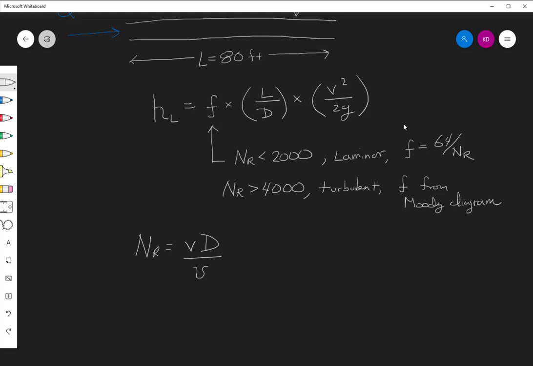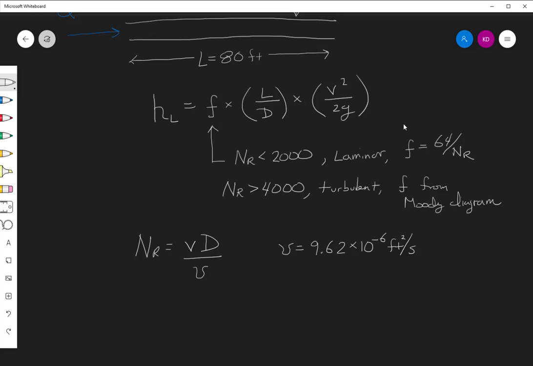In this case, that's water. And from the properties of common liquids, you can look up that the kinematic viscosity of water is 9.62 times 10 to the minus 6 feet squared per second.